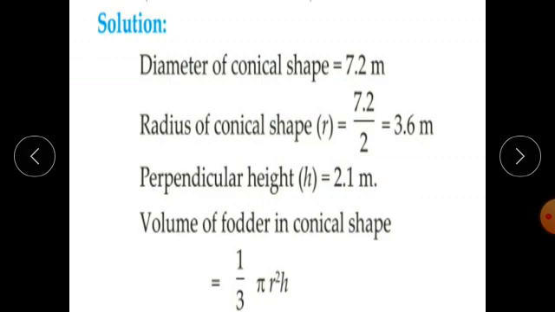Now you have to find out volume of fodder. So volume of fodder in conical shape equal to 1 upon 3 pi r square h. Use here volume of cone. Now substitute values.